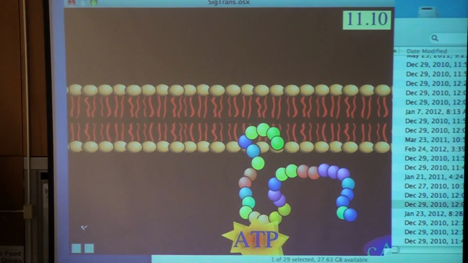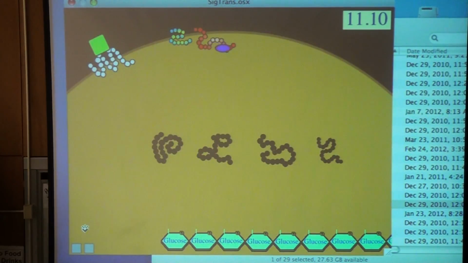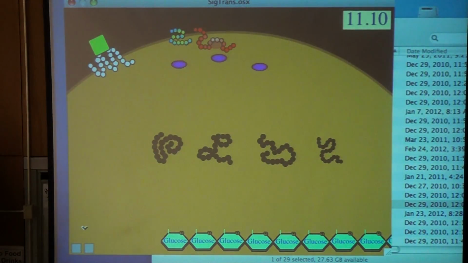And what it's actually going to do is this. The cyclic AMPs are allosteric activators of relay protein number 3, this one down here. And so eventually, just by sheer diffusion, one of those cyclic AMPs is going to end up drifting downward and activating that relay protein, like that.